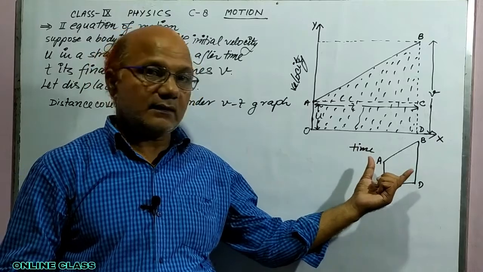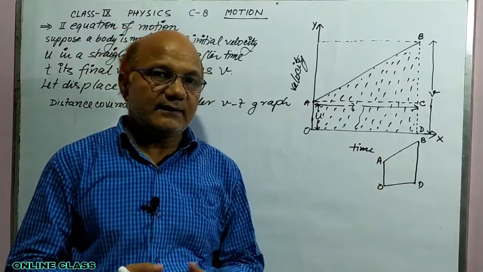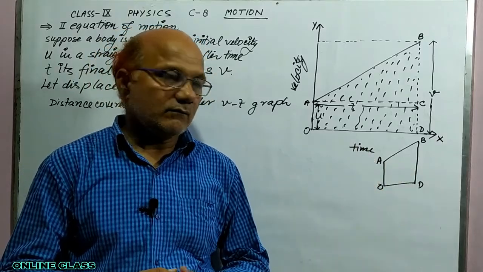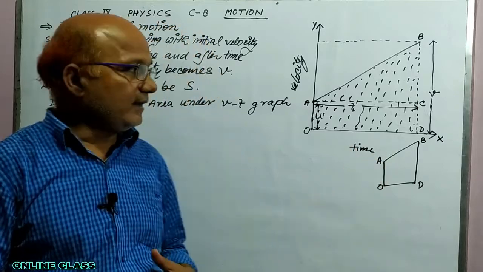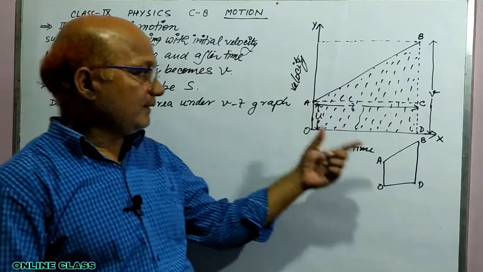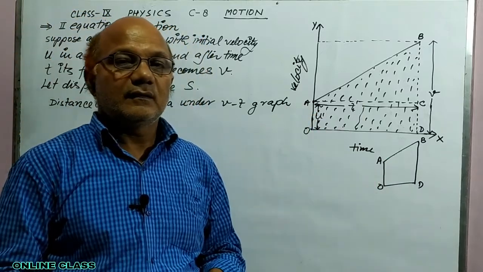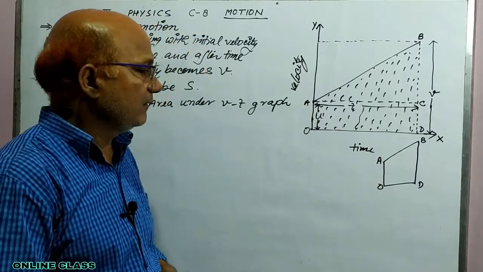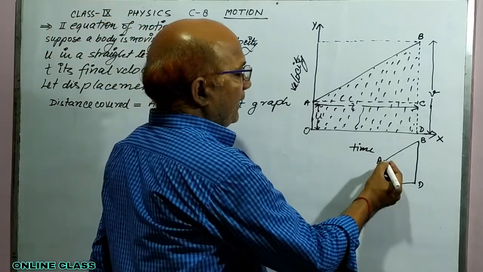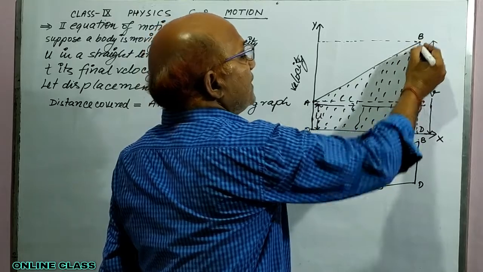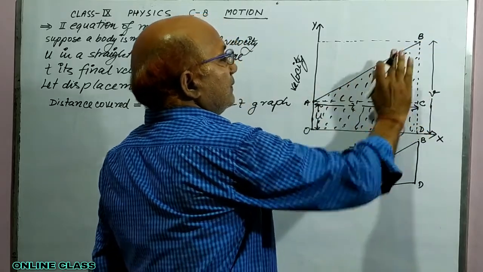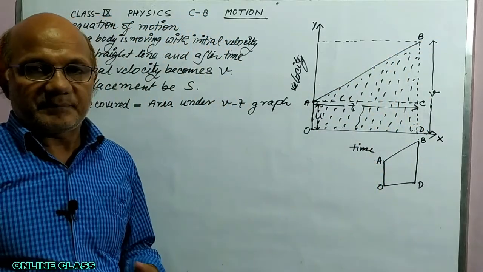Can you say how it looks? What does this diagram represent? Actually, this diagram is a trapezium OABD. It represents a trapezium.